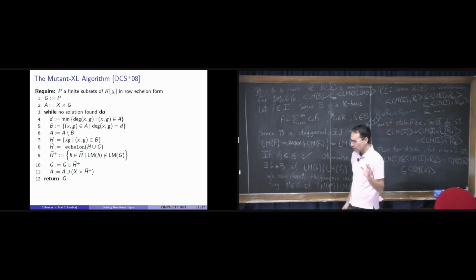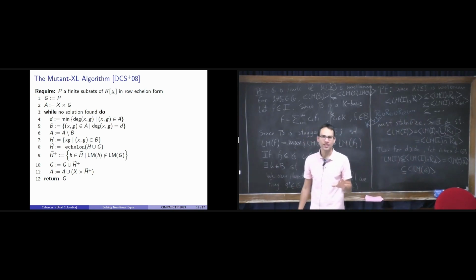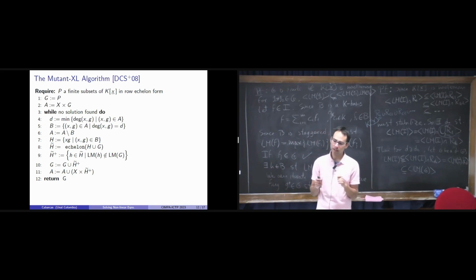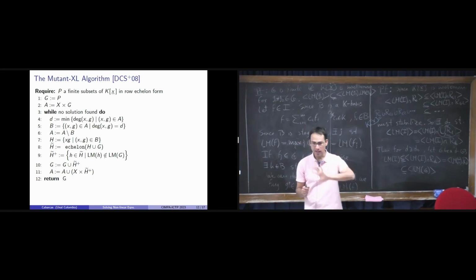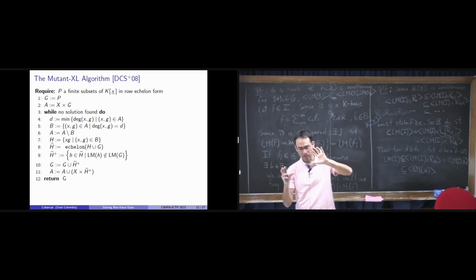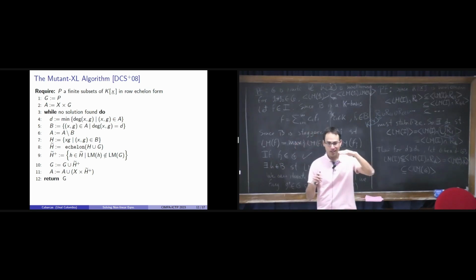So we've seen today how a Groebner basis is useful for solving a system of polynomial equations. And then we have shown that we can compute a Groebner basis doing linear algebra, one degree at a time, on a Macaulay matrix.